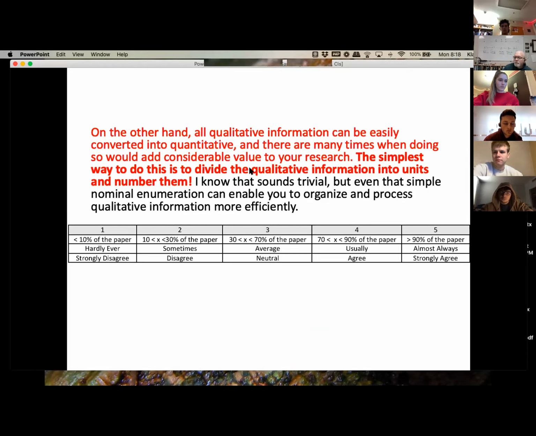The simplest way to do this is to divide the qualitative information into units and number them. What we're basically saying is that we can take this verbal statement and convert it into a 1, this one into a 2, this one into a 3, this one into a 4, and this one into a 5.